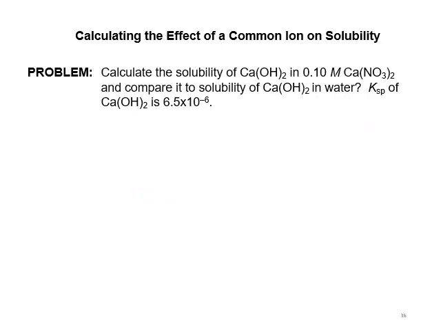All right. So there's another question for you guys. It's based on a very similar concept. So I'll let you guys try it first. What is the question asking us? It says calculate the solubility of calcium hydroxide in a 0.1 molar calcium nitrate and compare it to the solubility of calcium hydroxide in water. So same concept. We want to calculate solubility of calcium hydroxide in calcium nitrate.